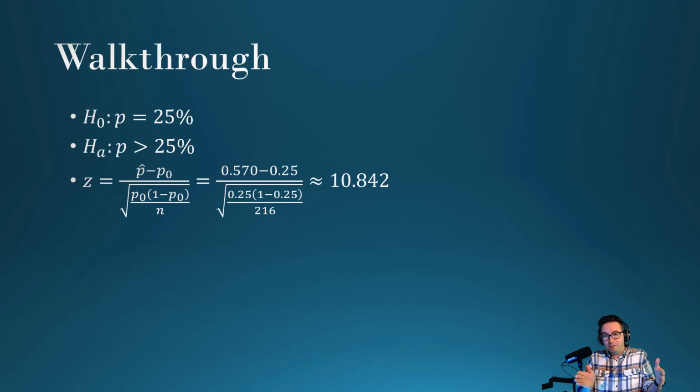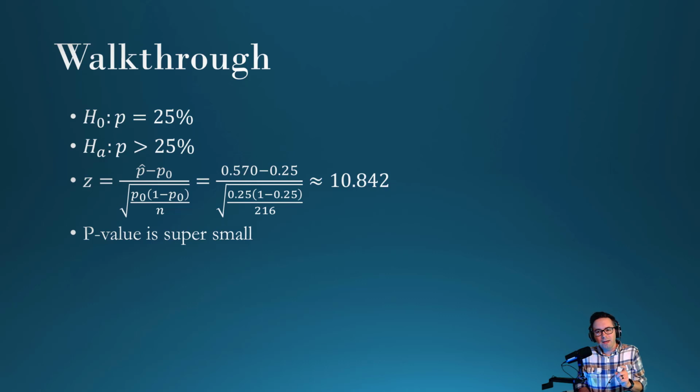So 3 standard deviations makes up 99.7%. What's on the outside of that is really tiny, and even on just one side, that's really tiny. Now imagine not 3 standard deviations, but over 10. Tiny, tiny, tiny. The p-value is going to be super small, and in fact, it is. Here's the p-value right here.